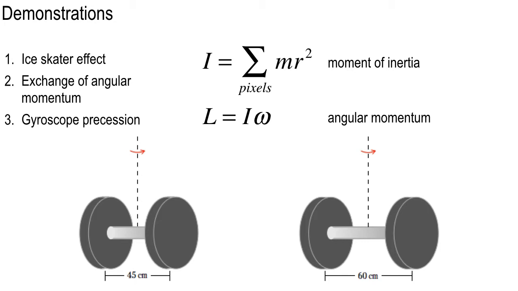And we're going to change the location and thereby change the moment of inertia. And that's going to have an effect on the angular velocity, omega. So we want to know this formula. And here's an illustration from the text, the new textbook chapter. And here are the 3 different demonstrations that we're going to do.